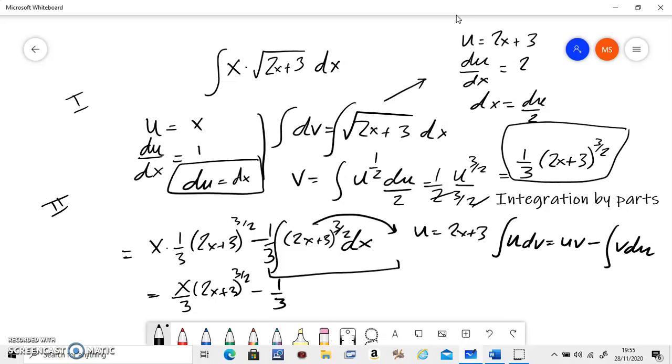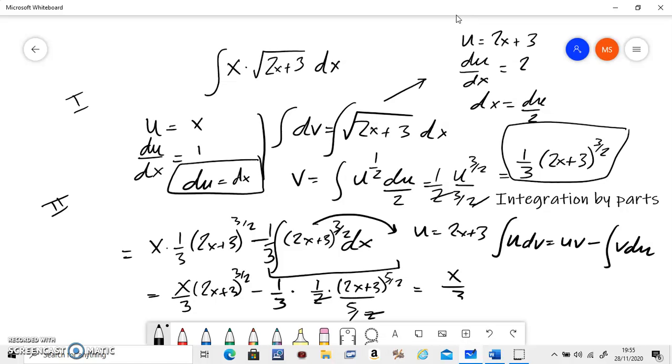Let's see. So I'm going to do it directly. You get 1 over 2 times 2x plus 3 to the power of 5 over 2 now, because you're adding 1 to the power here. 5 over 2. 2 and 2 cancel. And then you try and simplify.